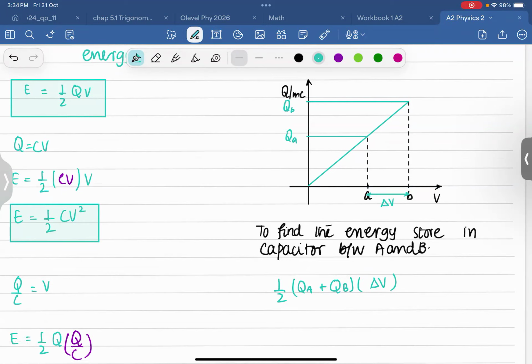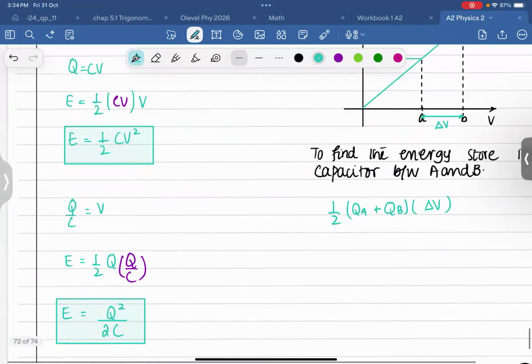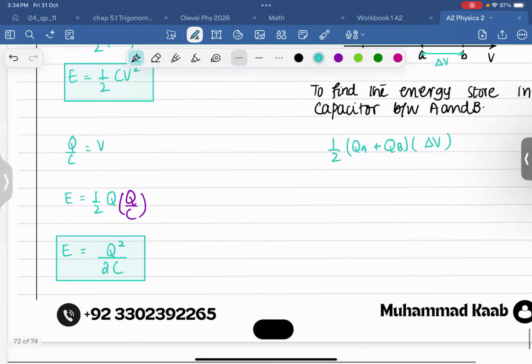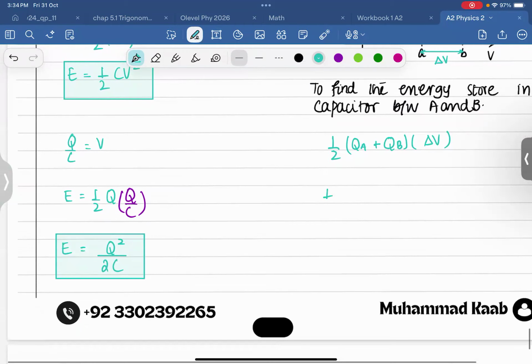So yes, now if you want to apply the second formula, then the second formula would be easier than the first one. For the change in energy, you can use half C, VB squared minus VA squared.